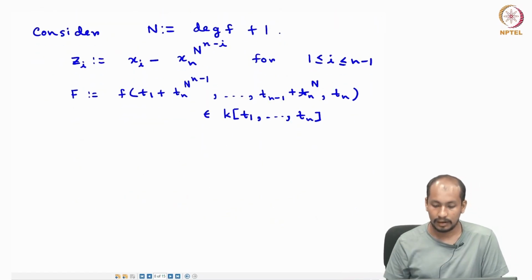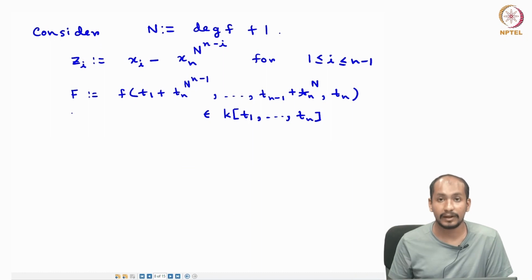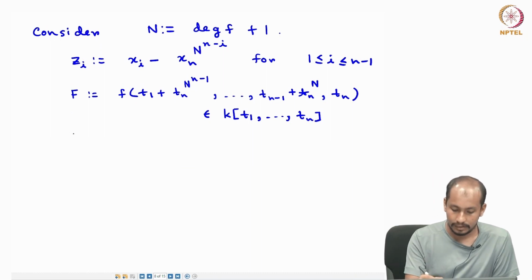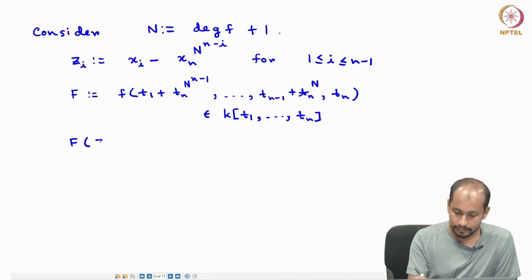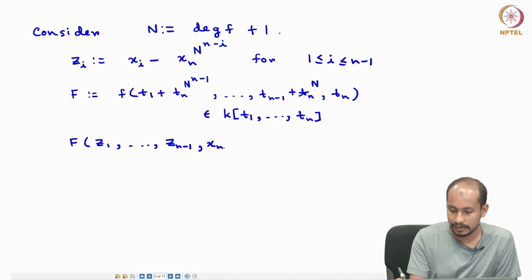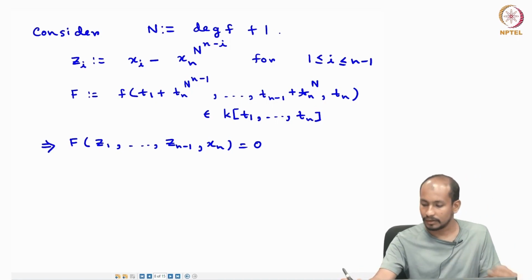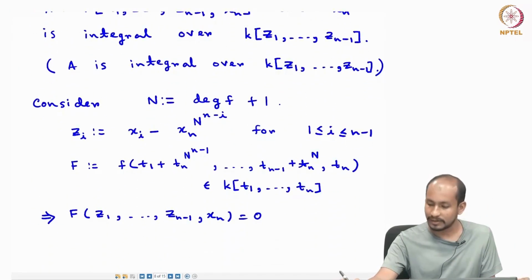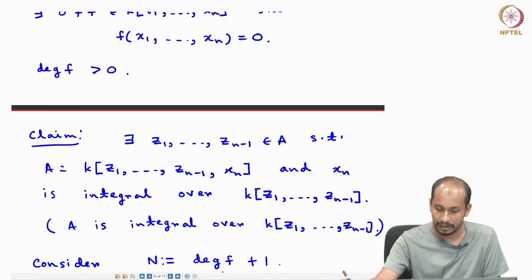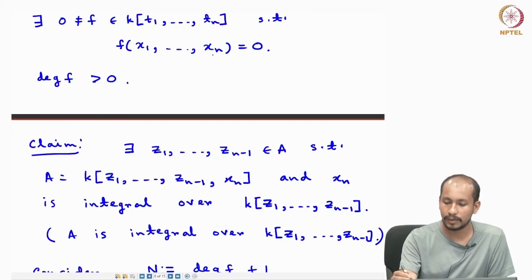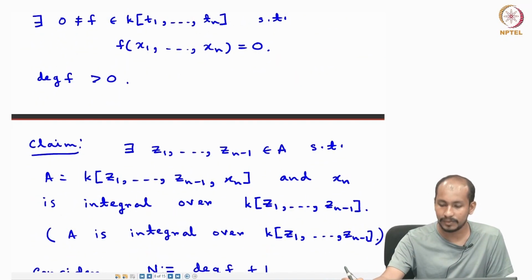Now look, the way we define this capital F, it says that F(z1 up to zn minus 1, xn) is equal to 0, because when we evaluate this small f at x1 up to xn, it is 0.